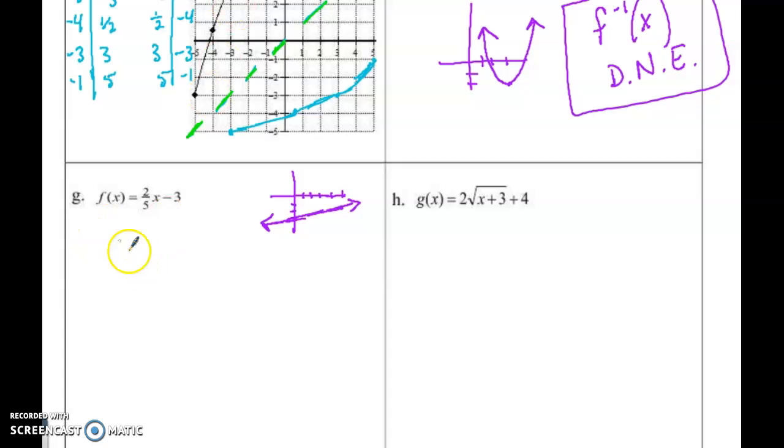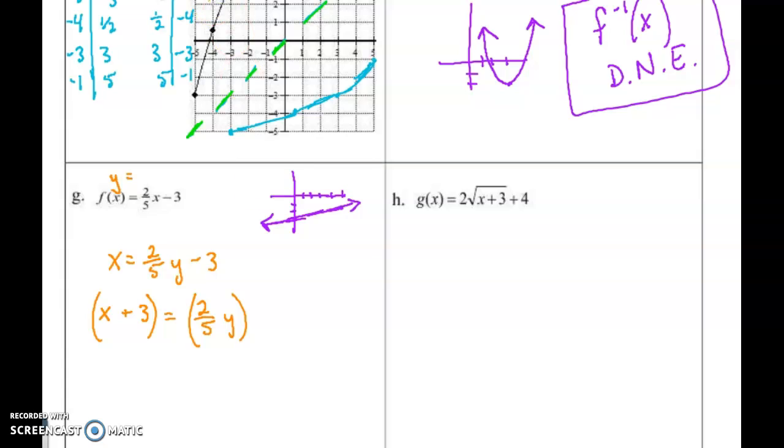But you probably remember doing this, because remember this is y equals, etc., etc. So you switch x and y around, and then you solve for y. And you solve for y by adding 3 over. And I like multiplying by the reciprocal.